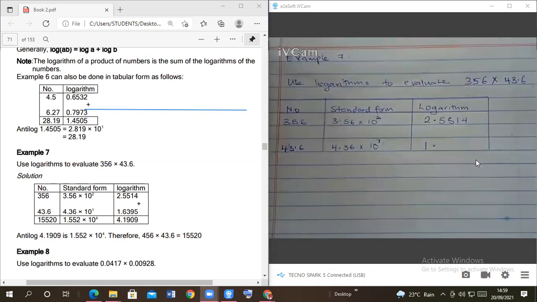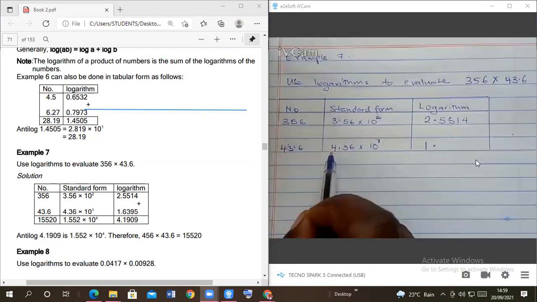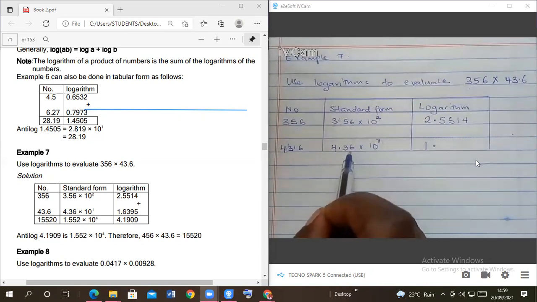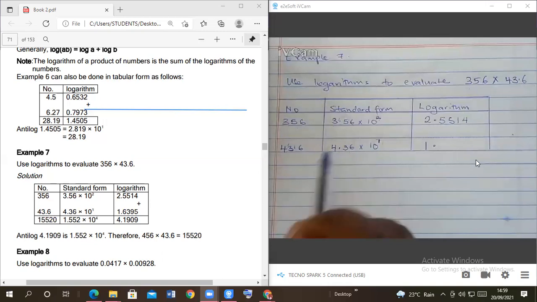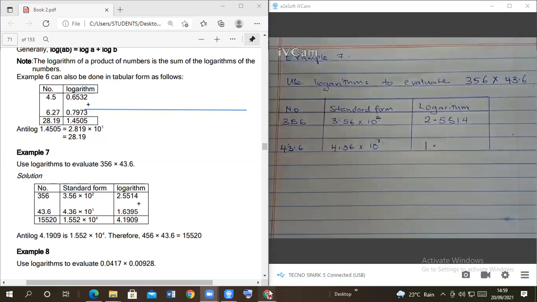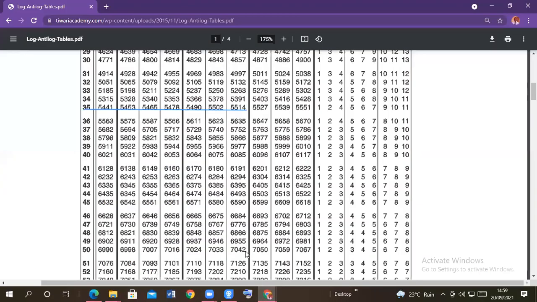Now we go to our log tables and we look for the log of 436. We are looking for 436. Okay, 43. Let us first look for 43. It is here, isn't it?